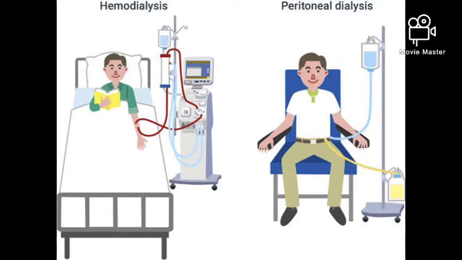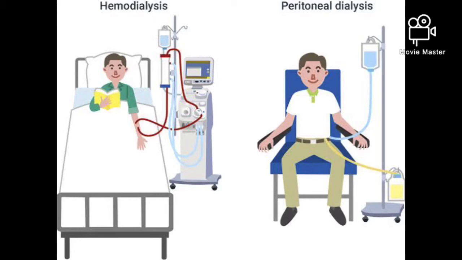So dialysis is basically of two types, that is hemodialysis and peritoneal dialysis. The hemodialysis uses a kidney machine, or you can say a dialysis machine, which has a properly adjusted composition fluid in it called the dialysate. So the blood is pumped from the body into the dialysate through a partially permeable membrane.